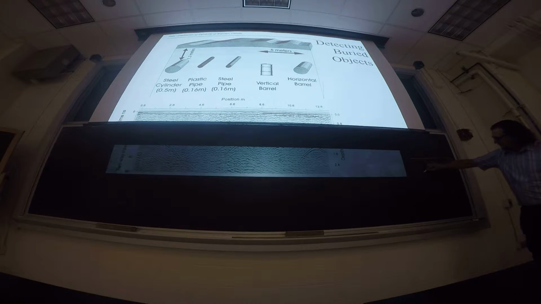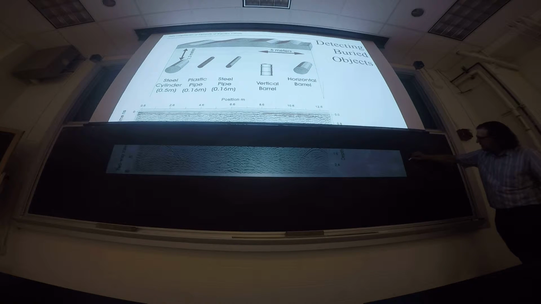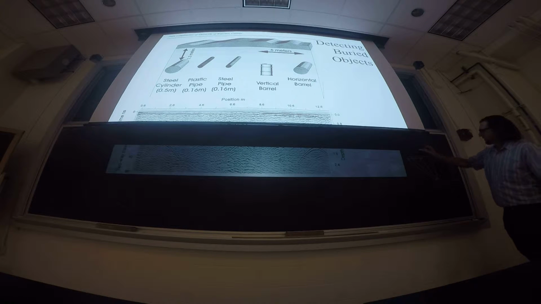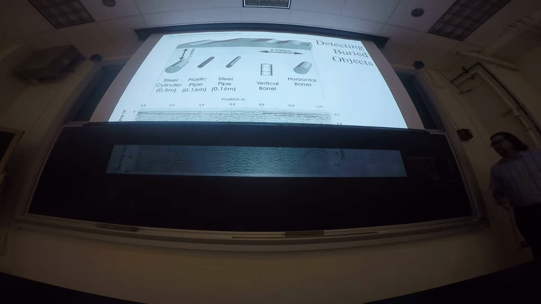the wave will come down, it'll reflect off of that, and then come back. And as you move along, basically, you've got a depth, Z, and you've got the distance, call that X, away from that.